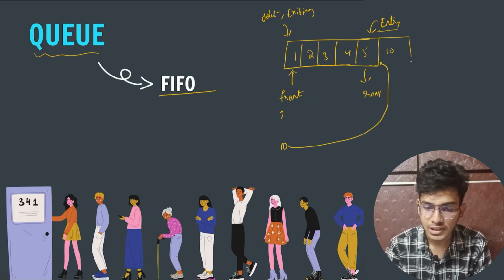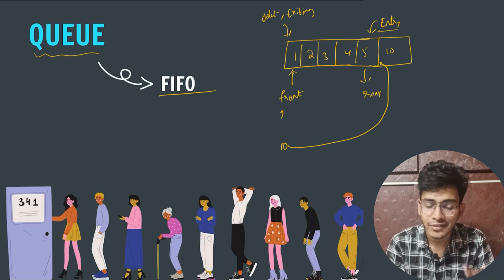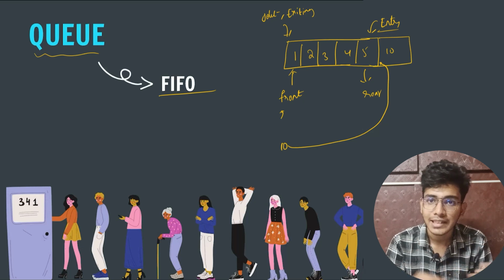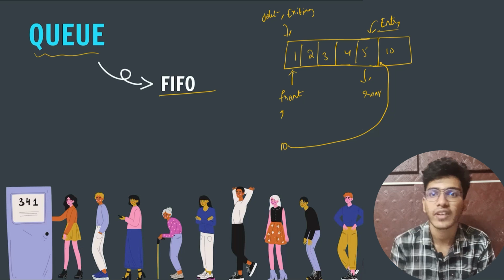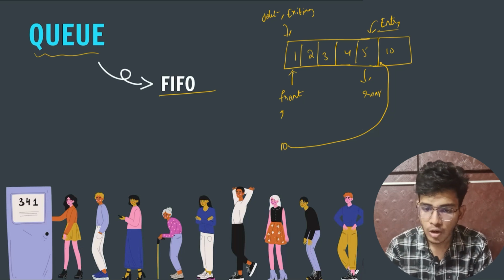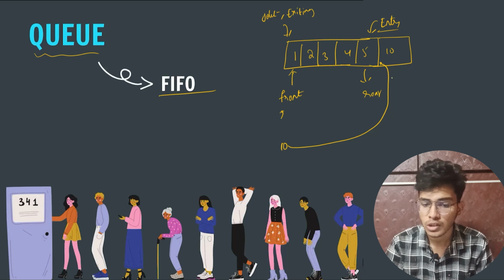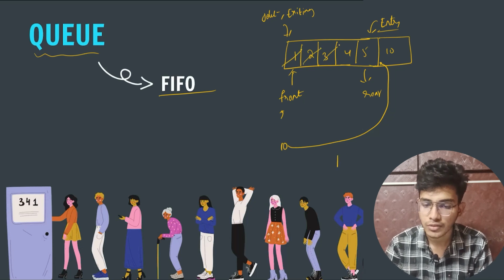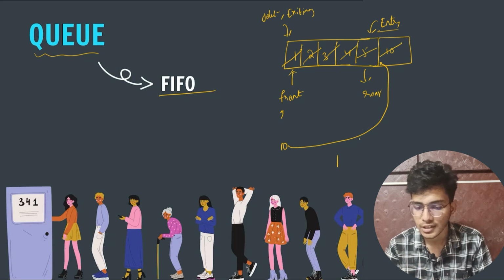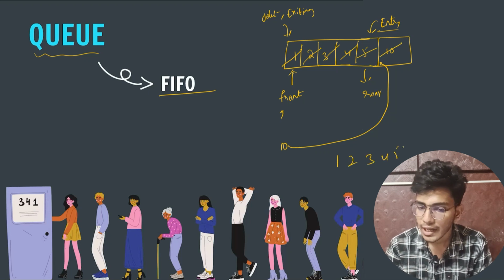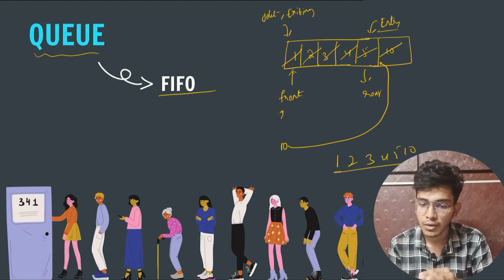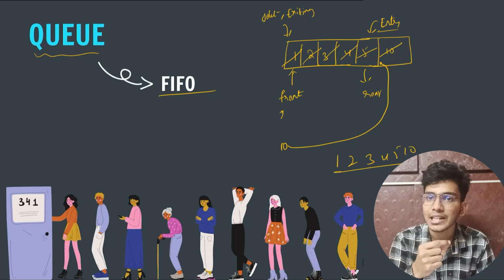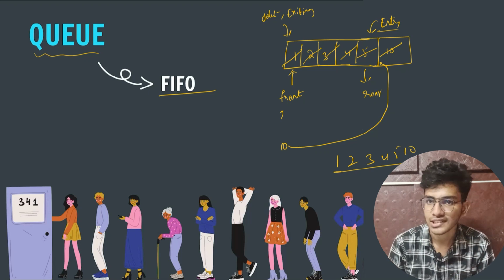This is how entry will happen. If I want to delete an element, I can only do it with the front element. So if I want to delete all elements, the output will be 1, 2, 3, 4, 5 and 10. So insertion will happen from the rear side and deletion will happen from the front side.